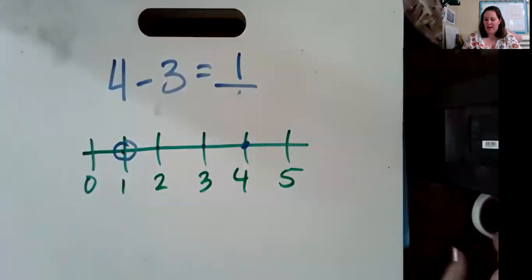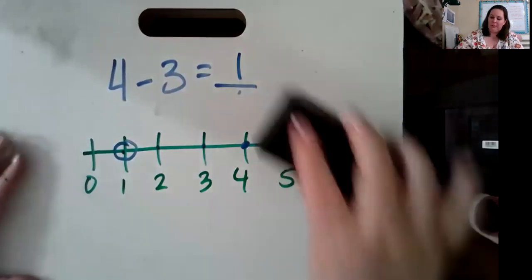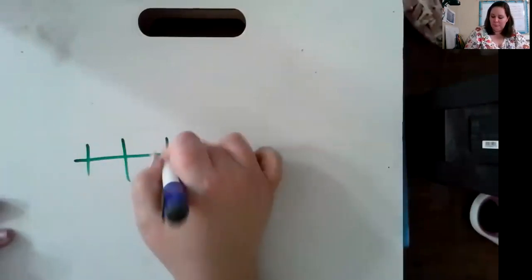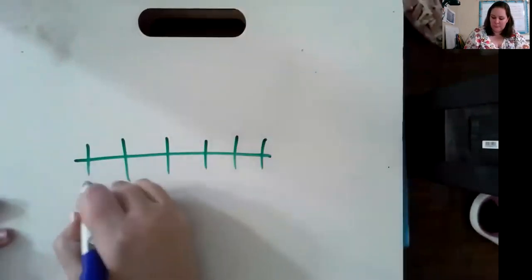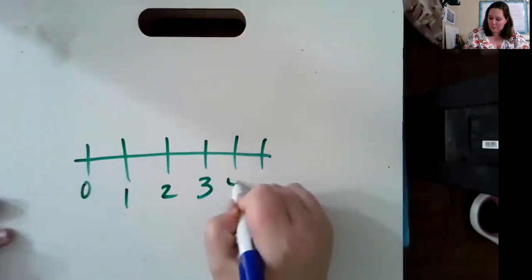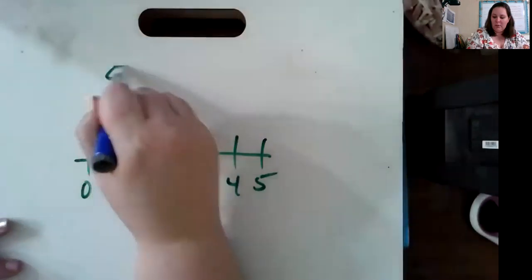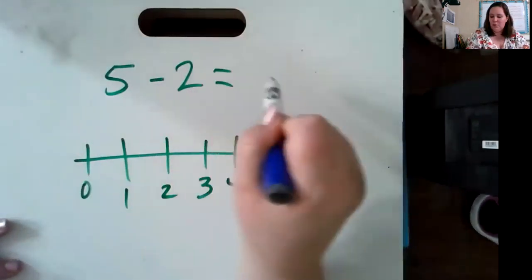Let's try another one. I'm just going to draw another one. It'll be faster. Okay, so let's try it again for 5 minus 2.